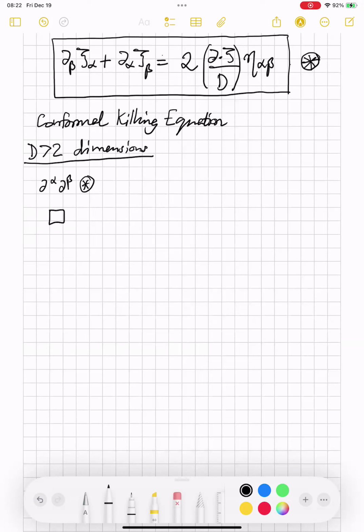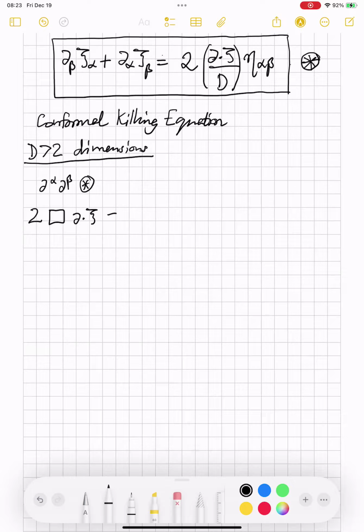And then we've got d alpha, which will contract with the index on zeta alpha. So we just get d dot zeta. For the second term, now the d alpha up, d alpha down gives us box, and the d beta up contracts with the beta, which is down on zeta, to give us d dot zeta. So the two terms on the left-hand side are identical. We just get a 2. So make sure that you get that when acting with d alpha, d beta on the left-hand side of star.